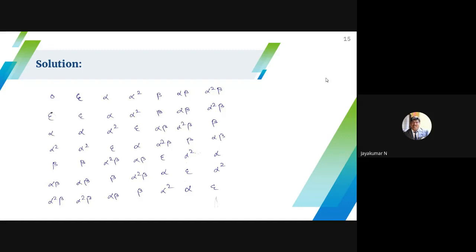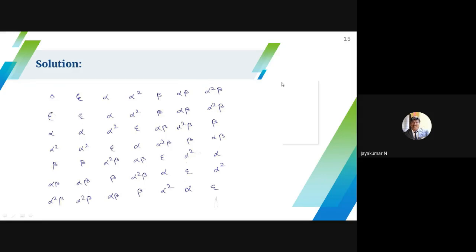One thing keep in your mind: alpha cube is identity and beta square is your identity. So alpha cube you can replace by 1. For remembering purpose only I said like that. Wherever you get alpha cube, you think that it is 1. Wherever you get beta square, you think it's 1. Okay, now I can fill it.